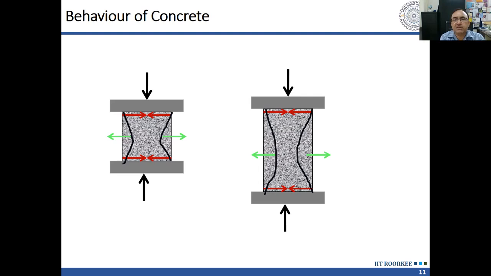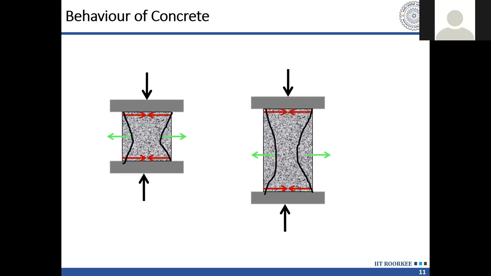Non-uniform stress will be applied on the top surface. So in case of the cube, you can do one simple trick. You can just rotate it, so that the vertical faces become the horizontal faces, and those faces are parallel as well as smooth. On the other hand, in case of the cylinder, if you have to test it, you have to do capping.